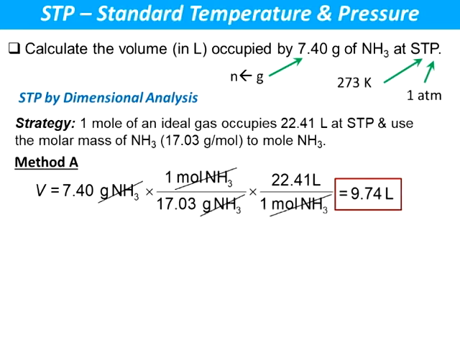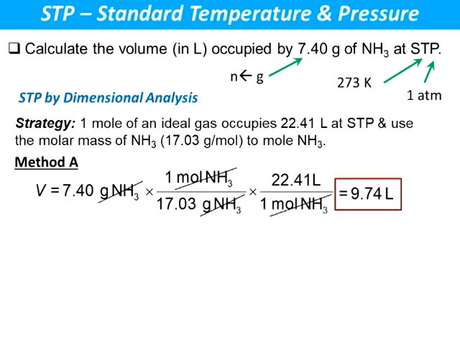So here's the strategy. 1 mole of an ideal gas occupies 22.41 liters at STP. So we would note that, and we will use the molar mass of ammonia to get to moles of ammonia. So we set up our given at 7.40 gram ammonia.